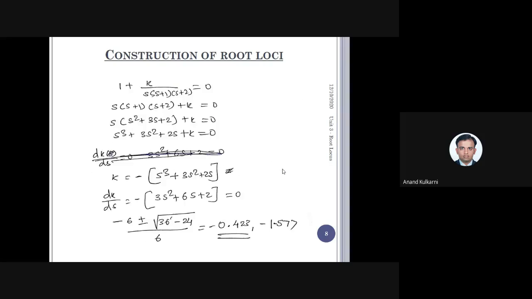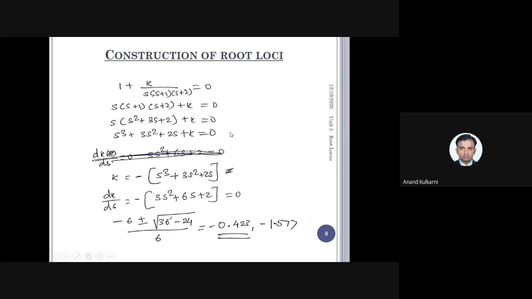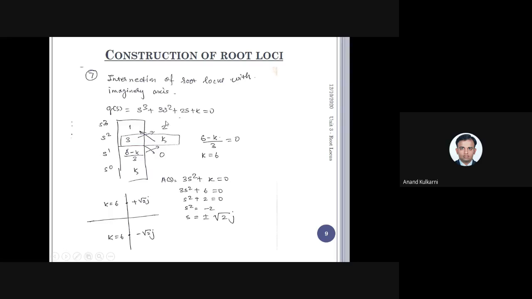To find that, I have to use the Routh stability criterion, which you have done in the previous chapter. I will take the characteristic equation, the one we have taken just now. Q of s equated to 0: s cube plus 3s square plus 2s plus k. I will arrange the Routh array: s cube, s square, s1, s to the power 0. The coefficient of s cube is 1, and the coefficient of s is 2.